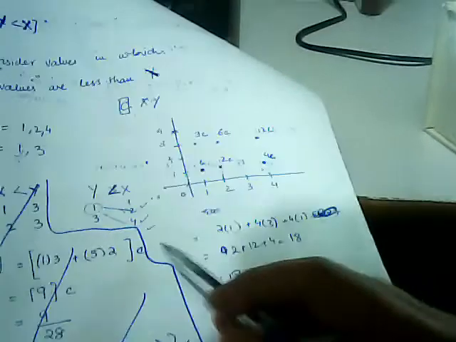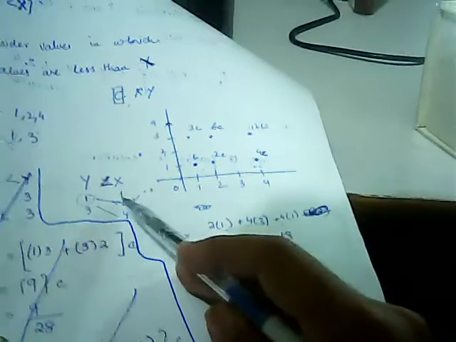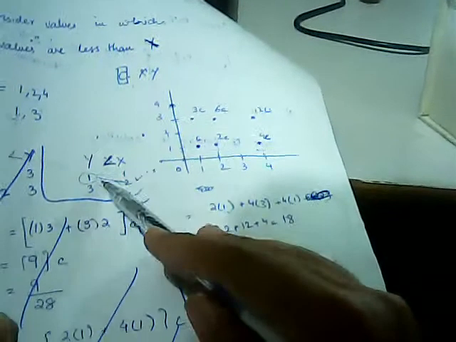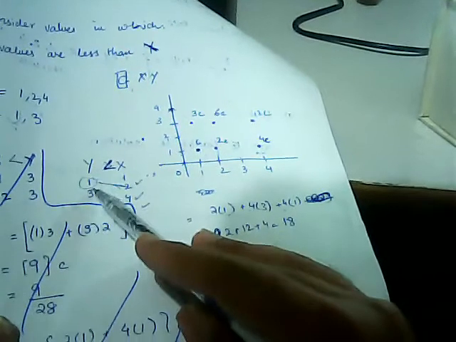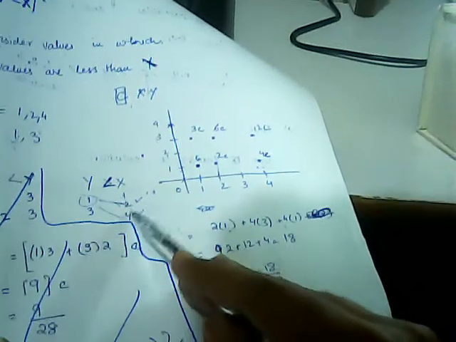So friends, proceeding further, look at the values. The values of x that are greater than 1: 2 is greater than 1 and 4 is greater than 1.